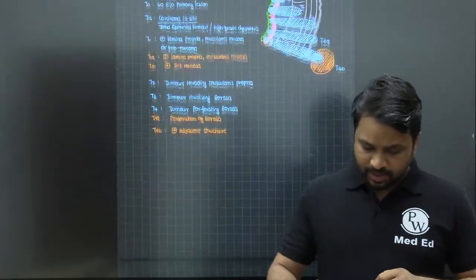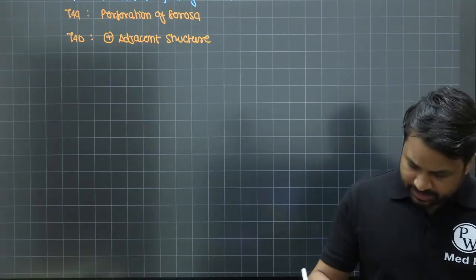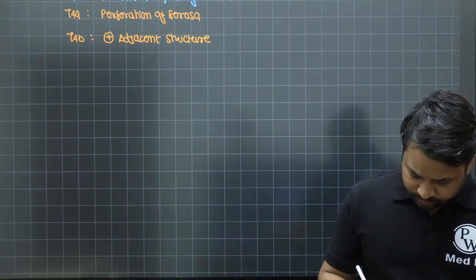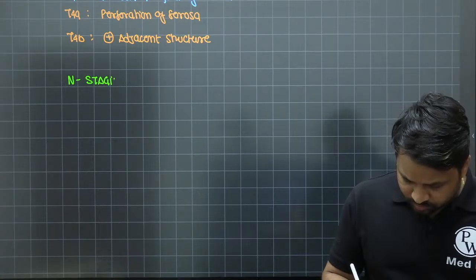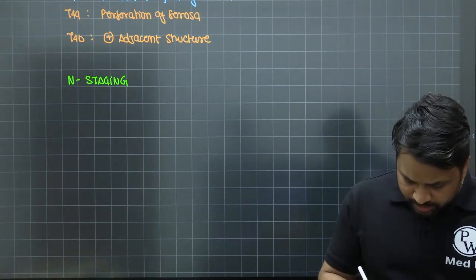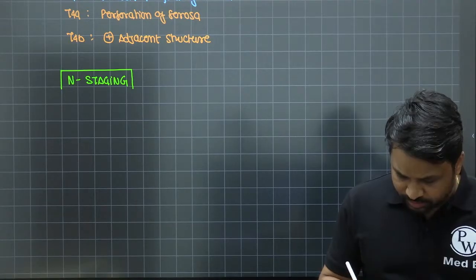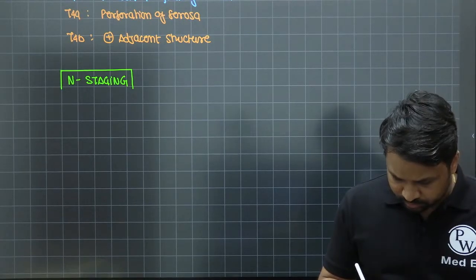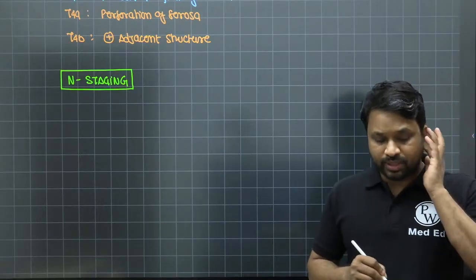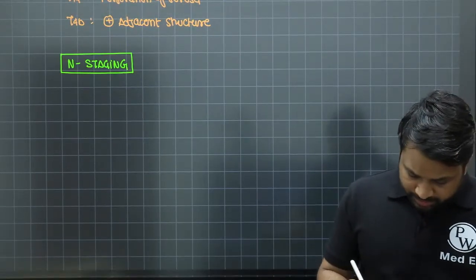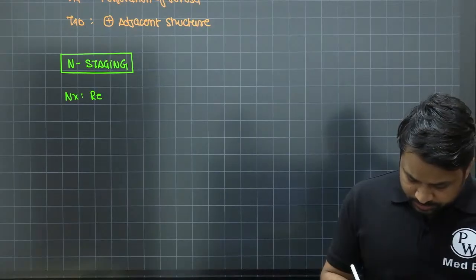Okay. In the same way, you have the lymphatic involvement, which is going to be N staging. We have already learned about the lymphatic drainage of the stomach and its orientation. Right? Now, NX, that is regional lymph nodes cannot be assessed.